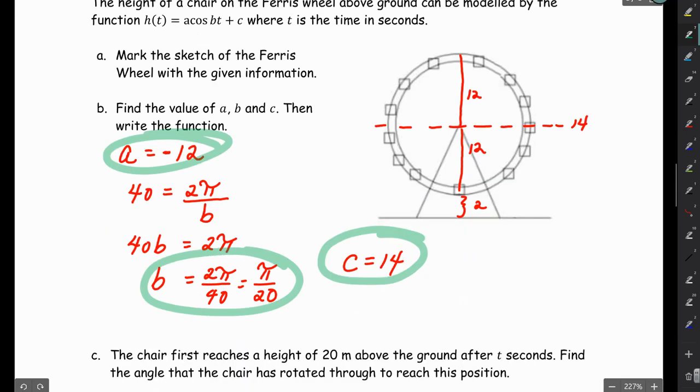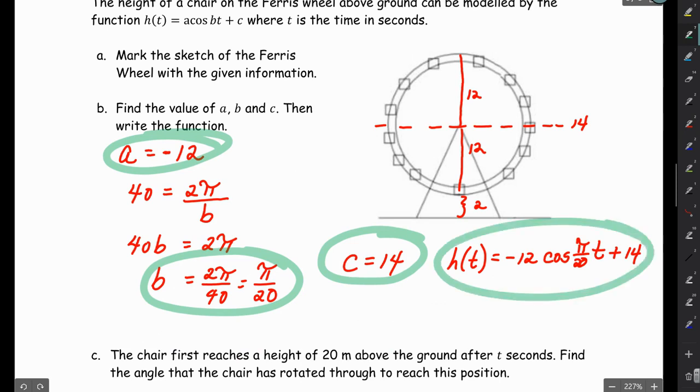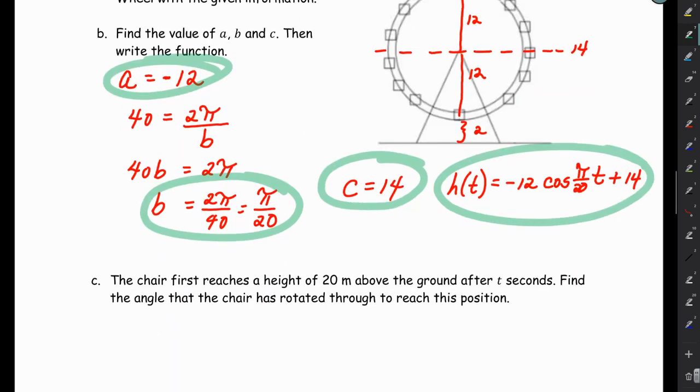Then it says write the function once you know that. The chair reaches a height of 20 meters above the ground after t seconds. Find the angle that the chair has rotated through to reach this position.